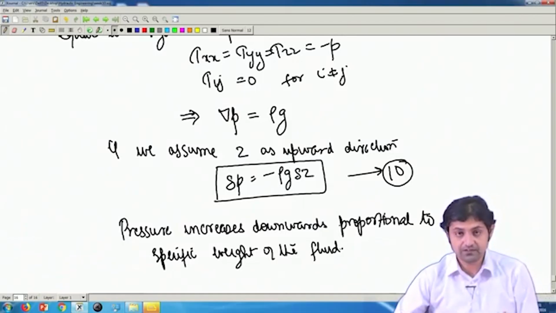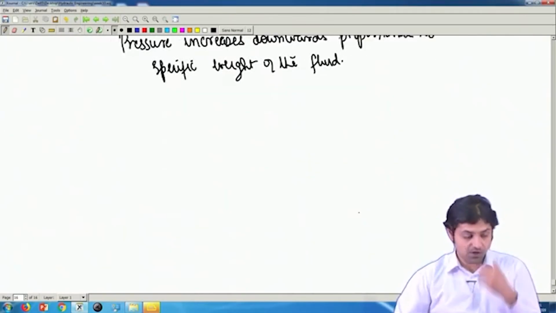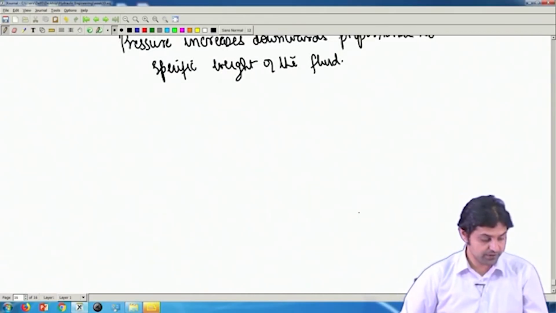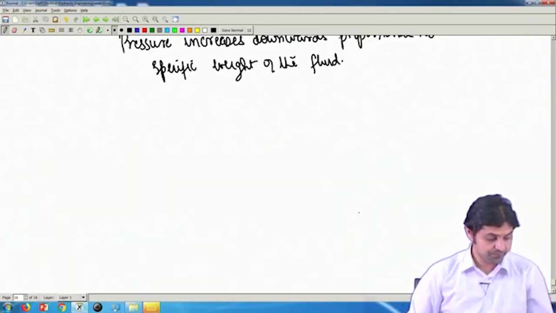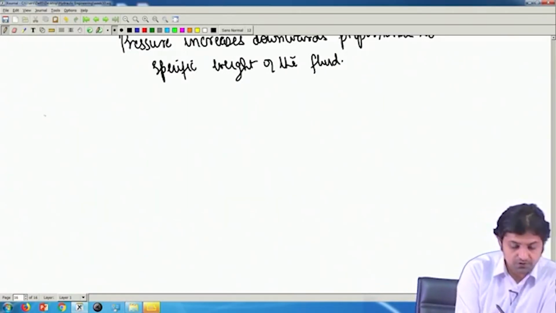So this was a slight deviation, but we are going back again to the deformation law for Newtonian fluid. Okay. So we are going to proceed for the further derivation of the Navier-Stokes law.